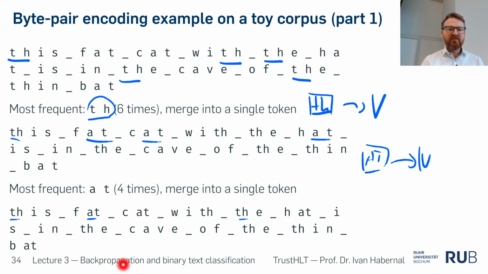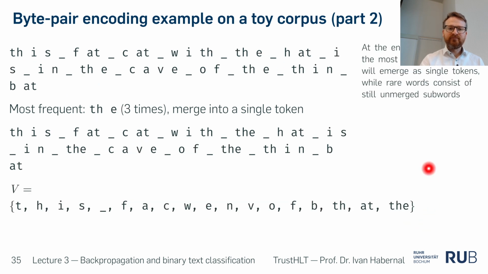And now what's the next? Maybe it's going to be THE, the most frequent one. So yes, exactly. We're going to merge THE as one single token and add it to the vocabulary. Merge into a single token and continue and so on.